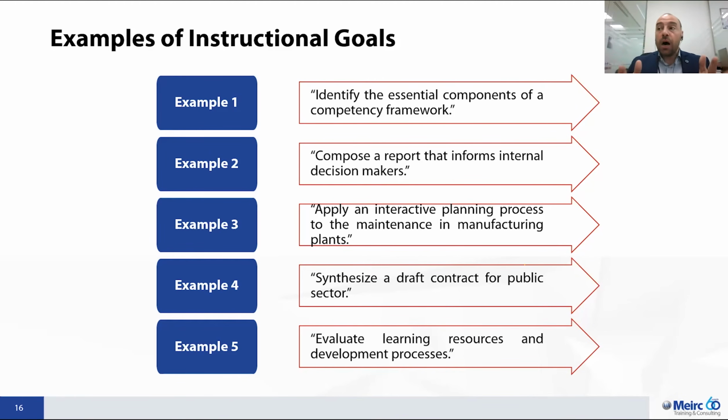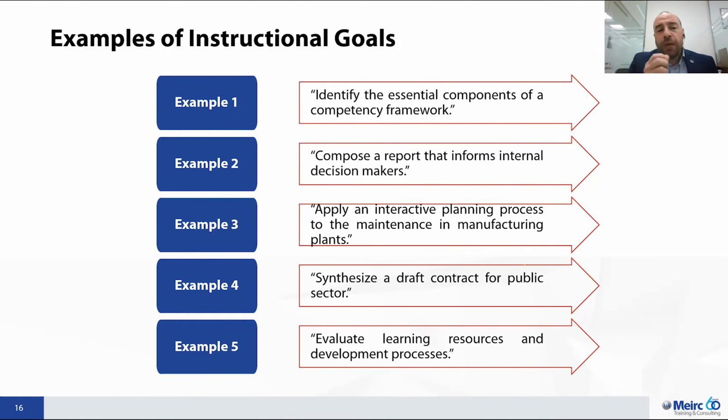All these are instructional goals that will happen in the conference room, in the training room, and we hope that if they achieve it properly by the end of the learning program, this will increase their chances to use it on the job.